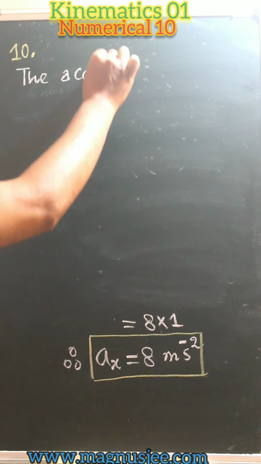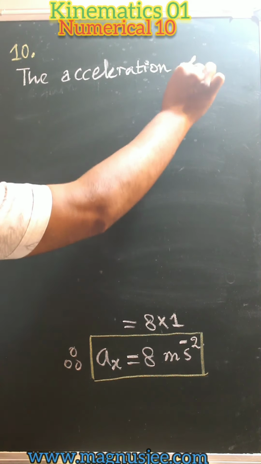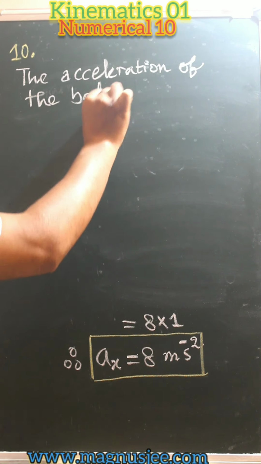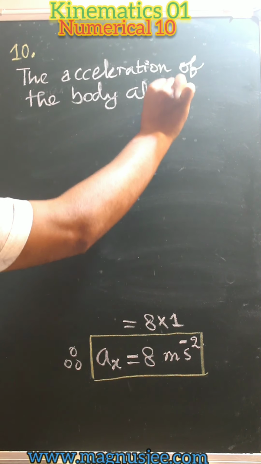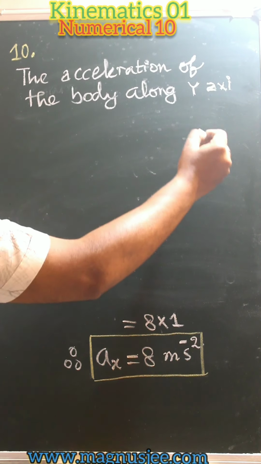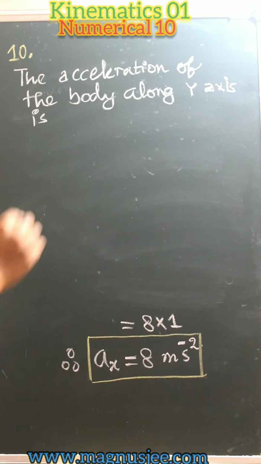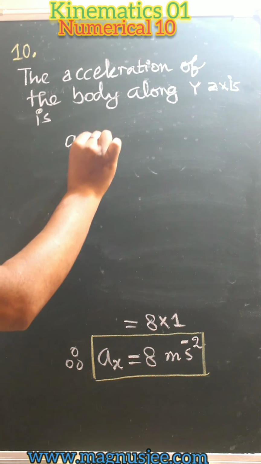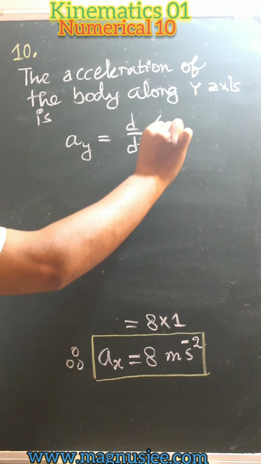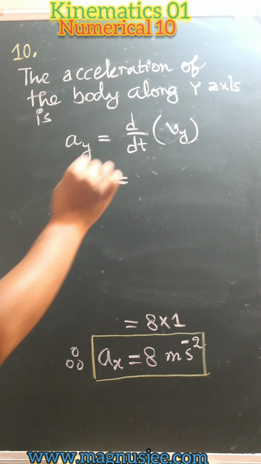Again, the acceleration of the body along y-axis is ay equal d by dt of Vy, the derivative of velocity along y-axis with respect to time.